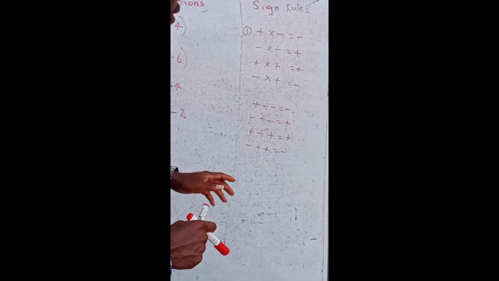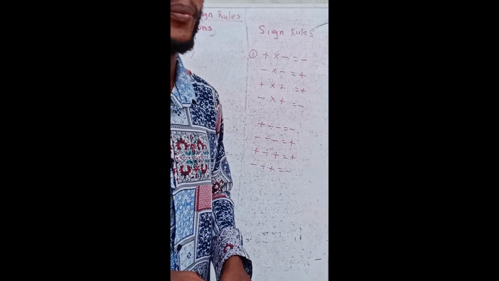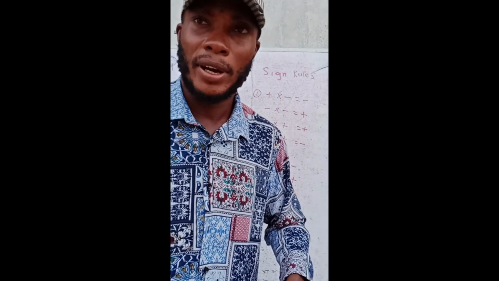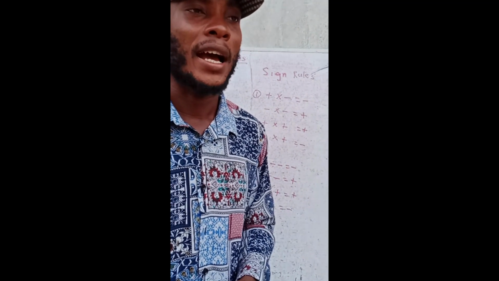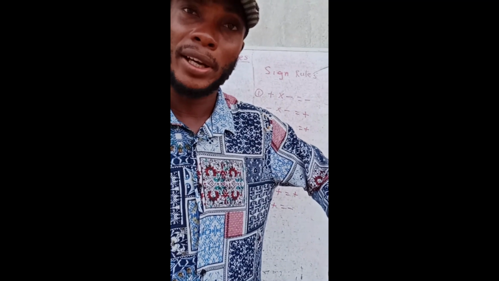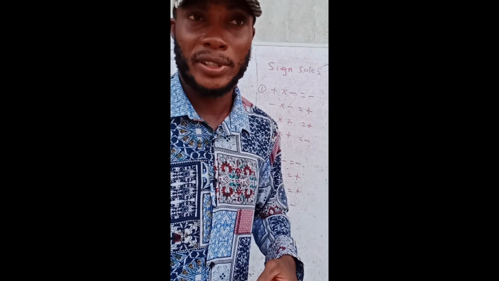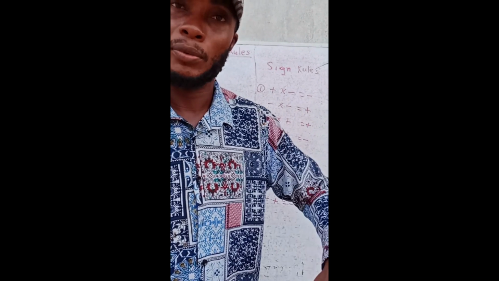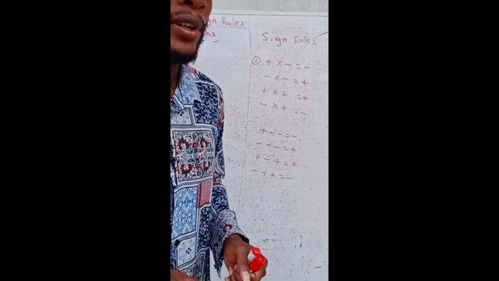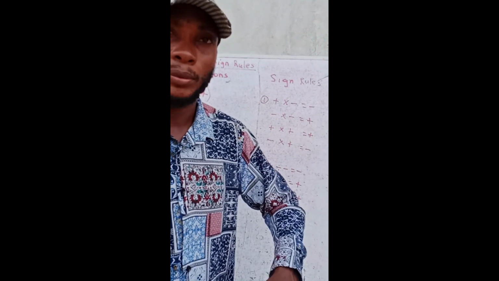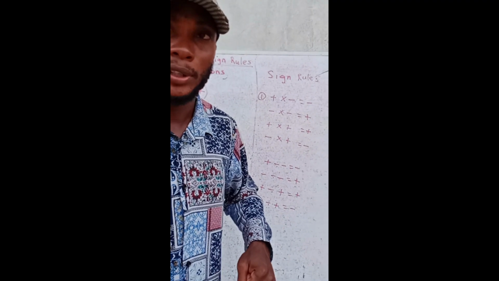The explanation is like when you have two wires, one that carries current and one that does not. Let's say the one with current is the negative one, while the one without current is the positive one.